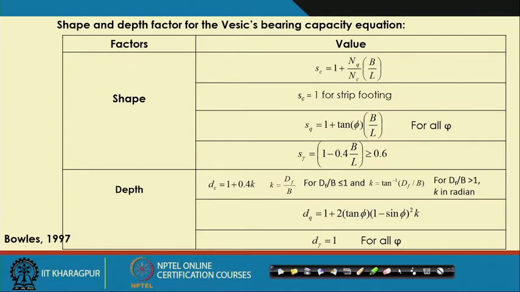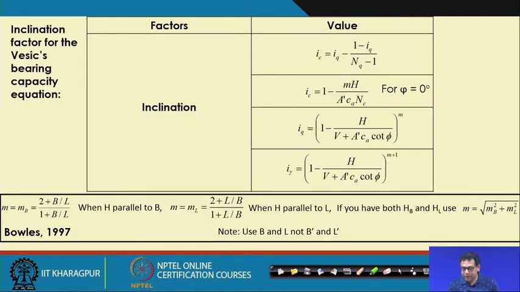Now for the inclination factor, which is also similar, in case of Hansen it was to the power 5, but here it is to the power m. How will I calculate this m?